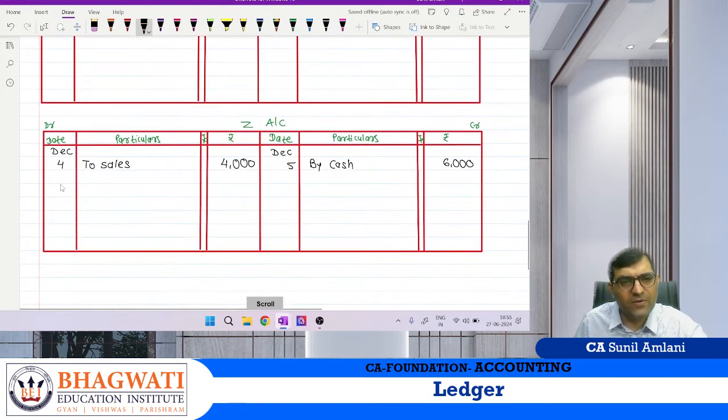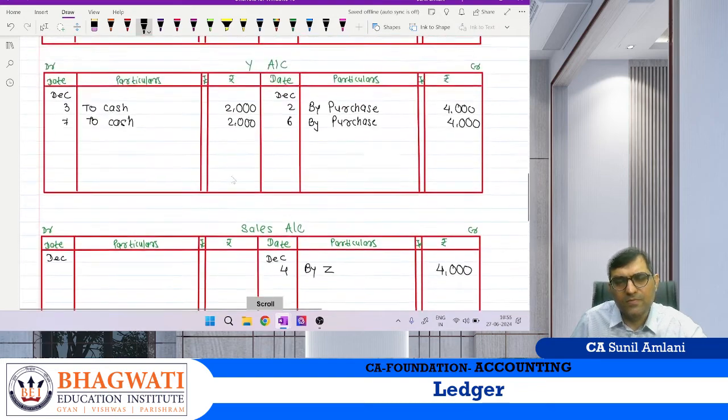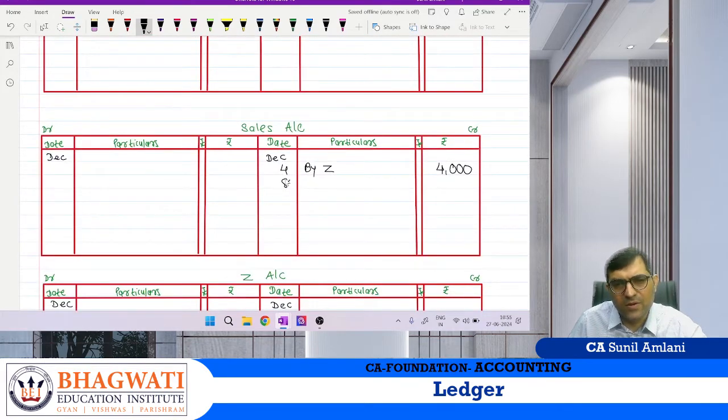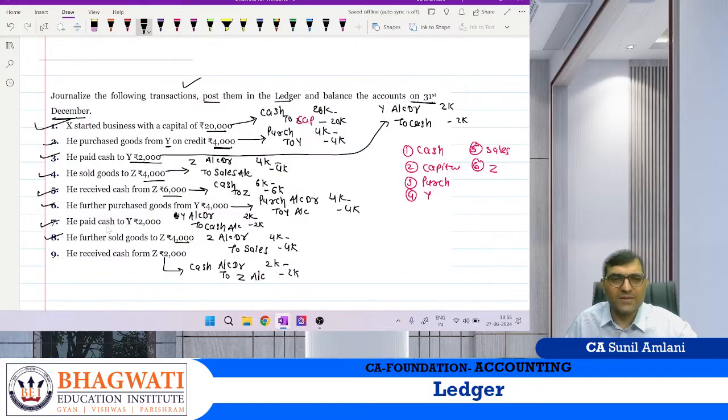Z account debit on 8th to sales. It's 4,000 rupees. And here sales on 8th by Z. How much? 4,000. Okay. Then what next?